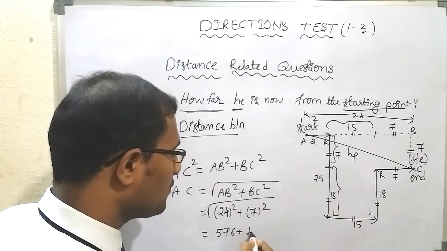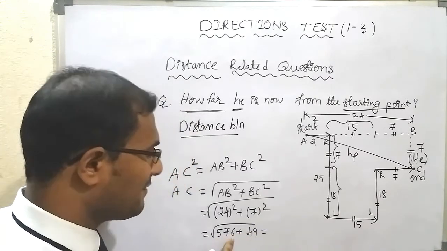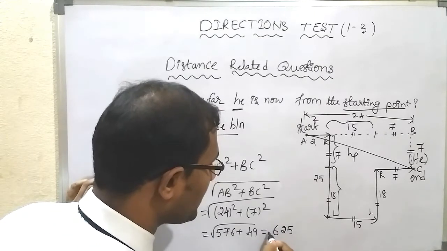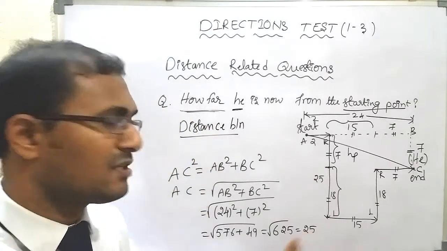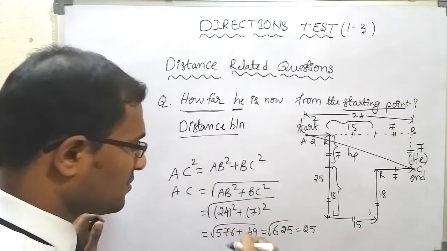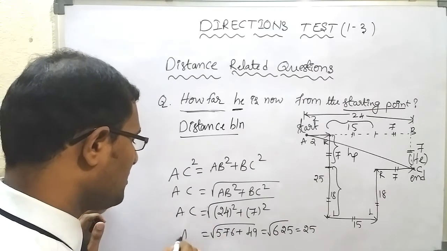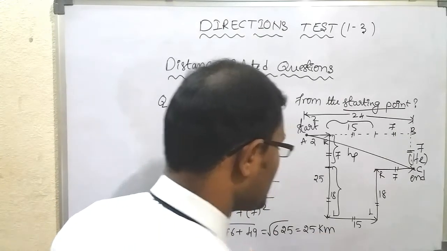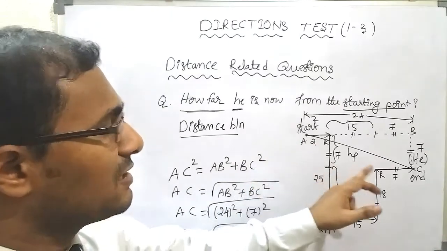What is 7 square? 49. What is the total of 576 plus 49? 625. What does it mean? The square root of 625 is nothing but 25. It means the AC value is 25 kilometer.